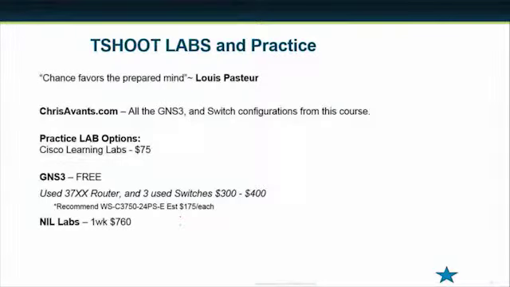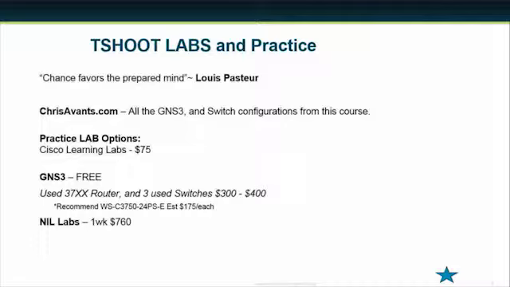Do yourself a favor and get some of these. I recommend these 3750s. They've got PoE, they've got a layer 3 image, all that stuff. And these are WS-3750-24PS-E. They'll do anything you need to do in Cisco in the CCNP curriculum, and you can also use them for everything else.